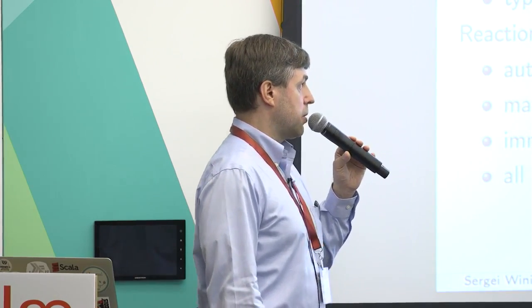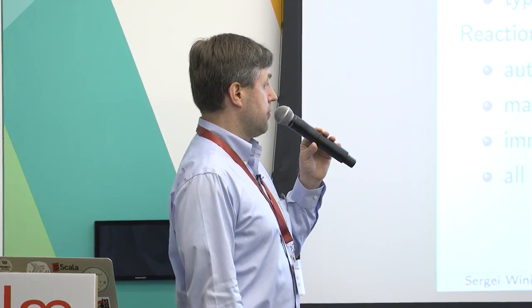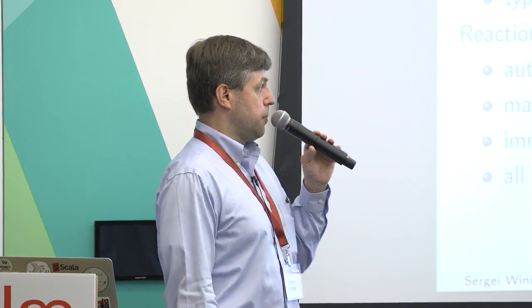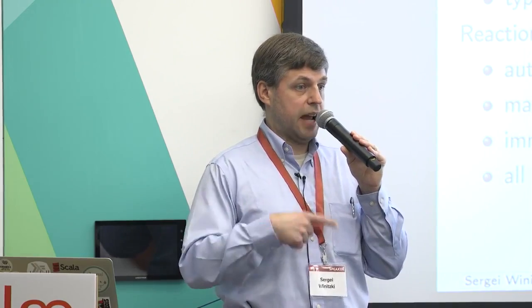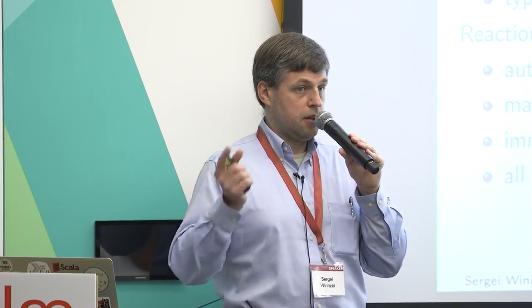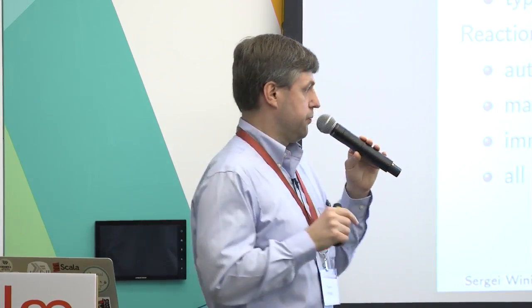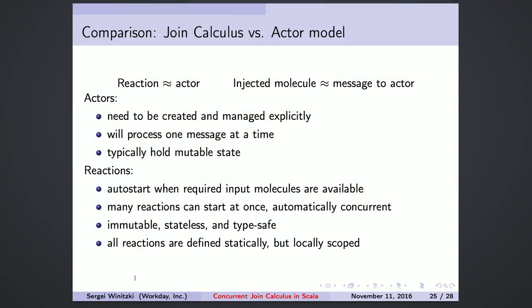Actors will process one message at a time, and they will typically hold mutable state. Reactions will start automatically whenever the required inputs are available. You don't explicitly start them. You don't allocate them. You just define that they should start. This is what you want to be happening. Many reactions can start at once, yes.